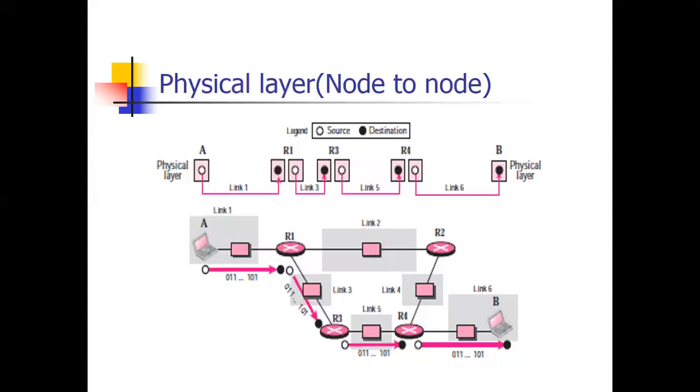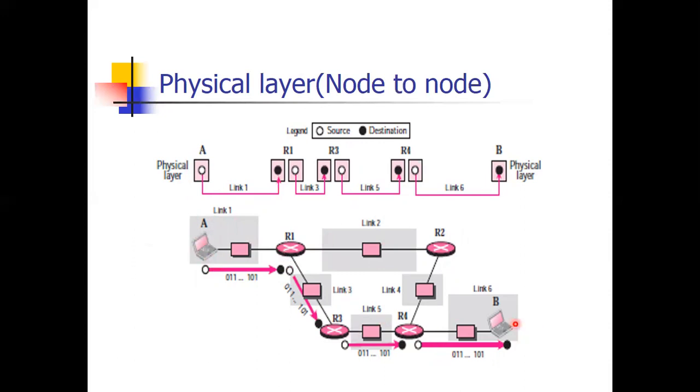See here two paths. Either it can follow the path A to R1 to R3 to R4 to B, otherwise, it can follow the path A to R1 to R2 to R4 to B. Again, listen carefully. The transmission from computer A to computer B is going through A to router 1 to 3 to 4 to B.